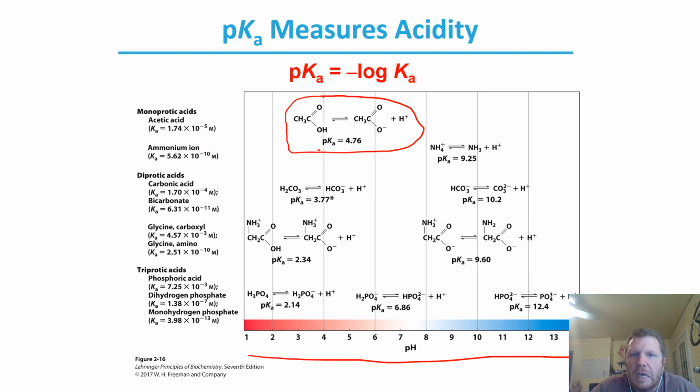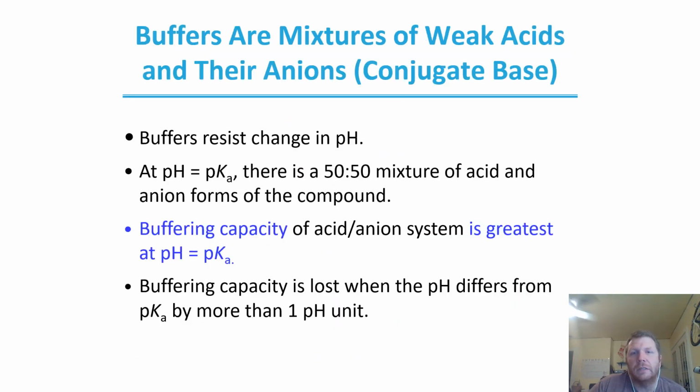Now we've got our pKa right there. At that pKa, we've got this dissociation from the fully protonated form of acetic acid to a deprotonated form. So pKa is a good measure of acidity, and that's worth recognizing, because that's helpful when we're talking about defining different amino acids.